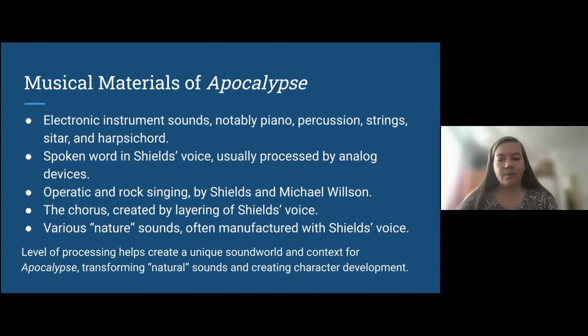Michael Wilson performs the singing role of Shiva, but not the speaking role. And then we have the chorus, which is created by layering of Shields' voice. Finally, we have various nature sounds, often manufactured by Shields' voice as well. So the level of processing is an important tool that Shields uses for context and the narrative process.